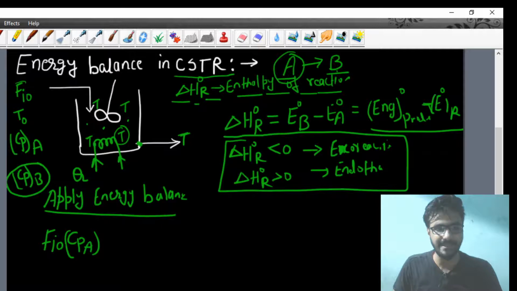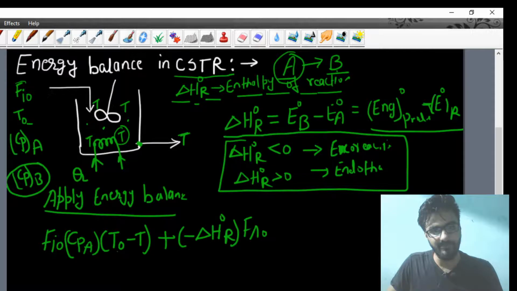T naught is the inlet temperature and T is the temperature inside the reactor as well as the temperature at the outlet condition, plus minus delta H naught of R, the standard enthalpy of reaction, into Fa naught Xa. Why I am writing it this way, I will tell you later.